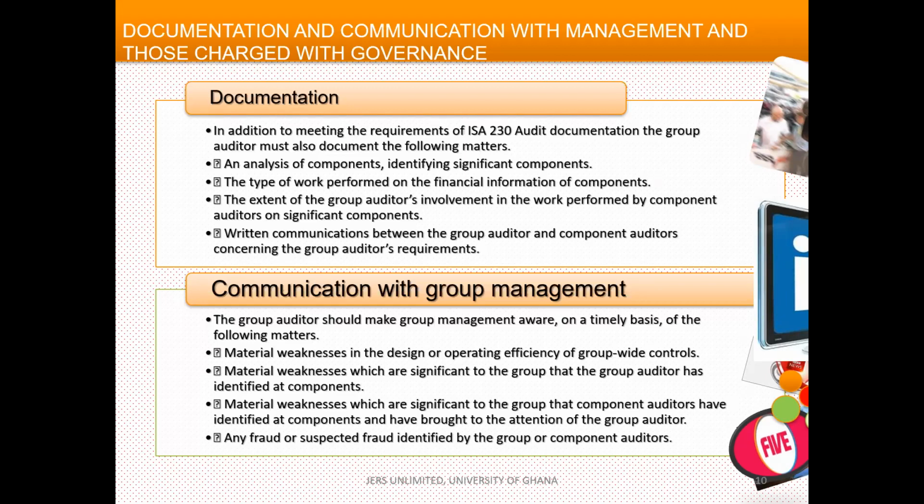So number one, material weaknesses in the design of group-wide controls. Material weaknesses which are significant to the group that the group auditor has identified at the component level. Material weaknesses which are significant to the group that the component auditors have identified. And issues of fraud. So issues of material weaknesses relating to controls and any issues of fraud. These you have to communicate with group management.